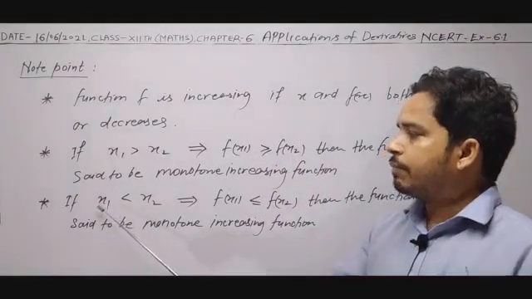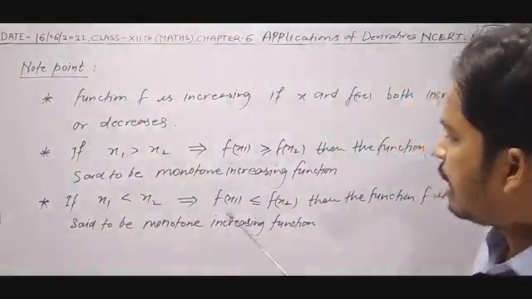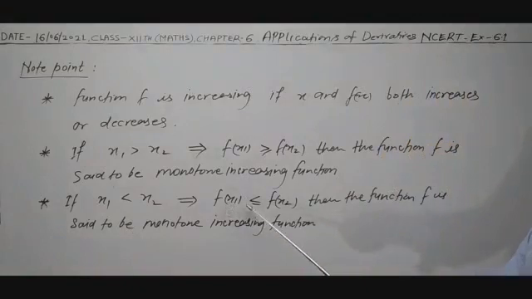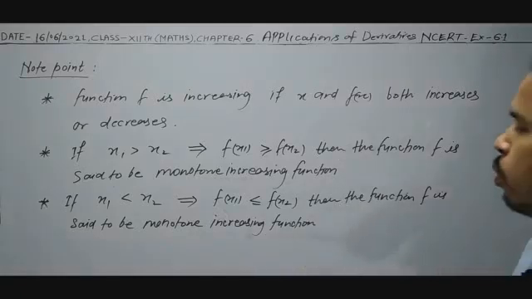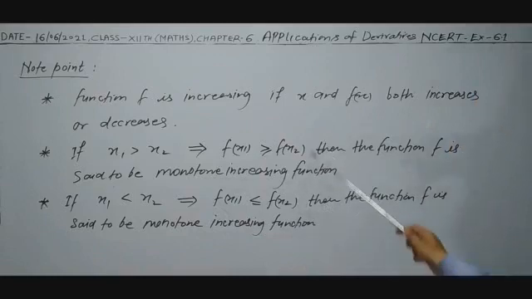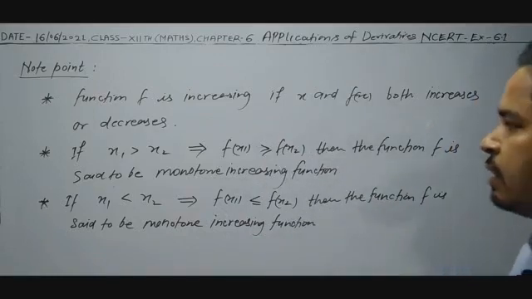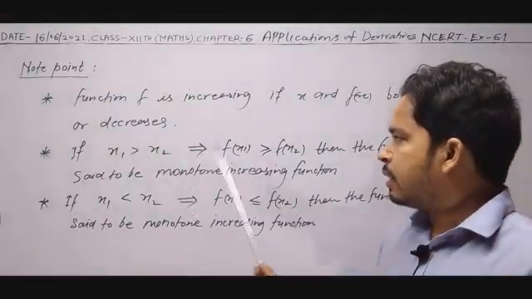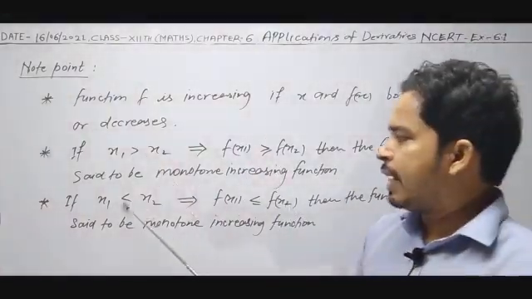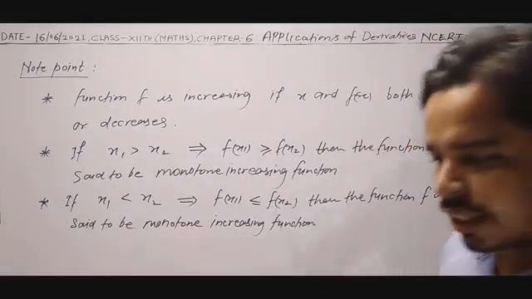Similarly, if x1 is less than x2, this implies f of x1 is less than or equal to f of x2, and this statement says the function f is monotone increasing. So this is the necessary condition for a function to be monotone increasing. In case of monotone increasing, when greater, it will be greater equal to, and when less, then less equal to. This is the trick to learn.